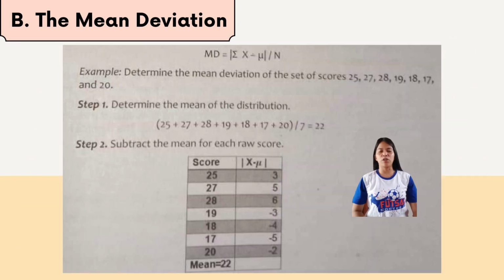Here's the example. Determine the mean deviation of the set of scores 25, 27, 28, 19, 18, 17, and 20. Step 1.